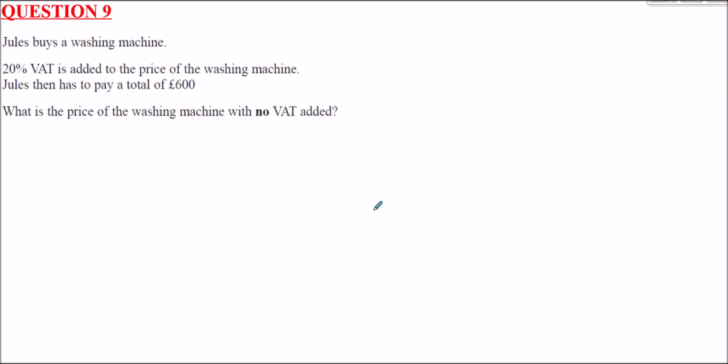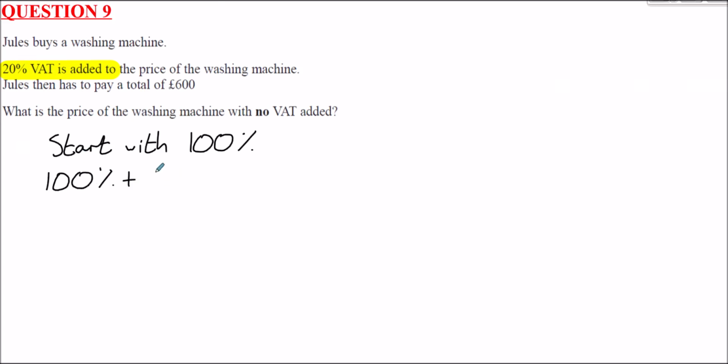So the first way is my sort of preferred way, and what I'd suggest saying here is before anything happens to an amount, we always start off with 100%. So always start with 100% of the amount. So 20% VAT is added. So what we've got here is 100% plus this 20% added on gives us 120% of the pre-VAT price.